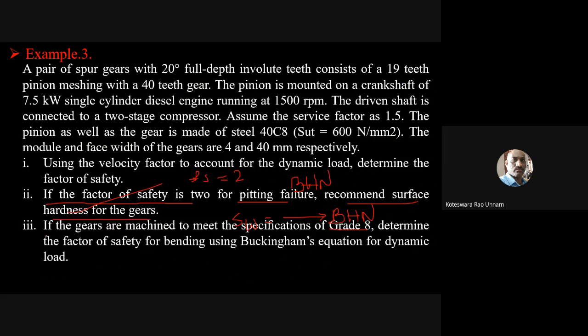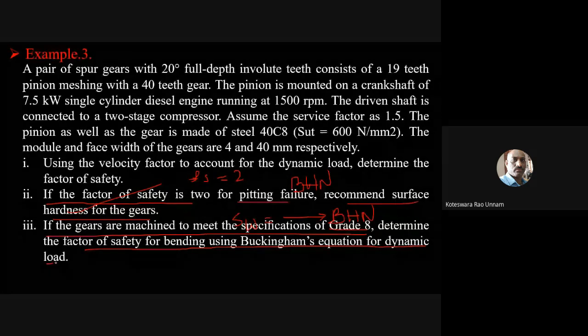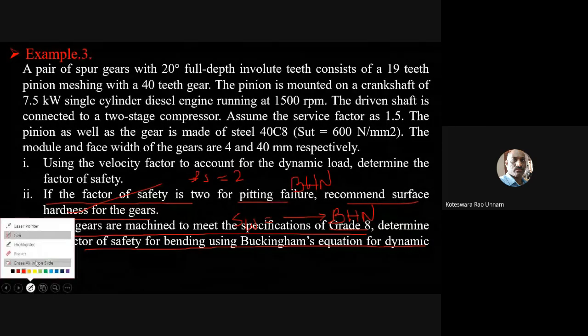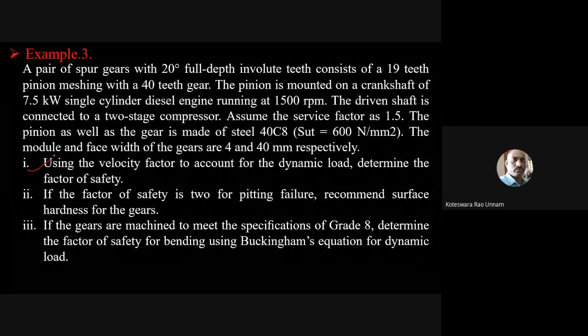Then the next one: if gears are machined to meet specifications of grade 8, determine the factor of safety for bending using Buckingham's equation for dynamic load. So this is different now. In the first case, you are using the velocity factor to account for the dynamic load.